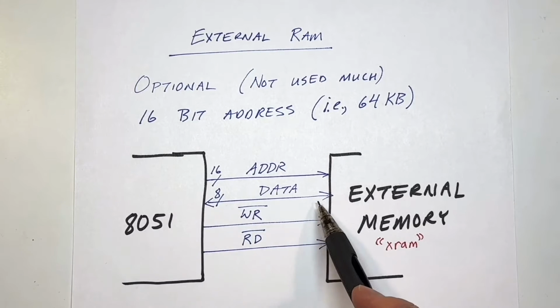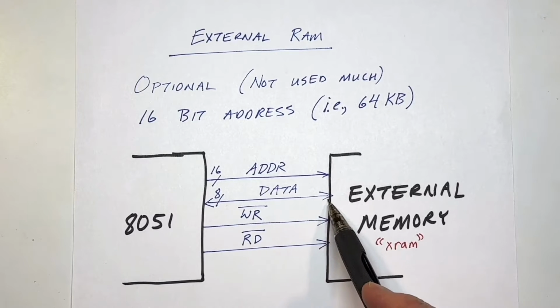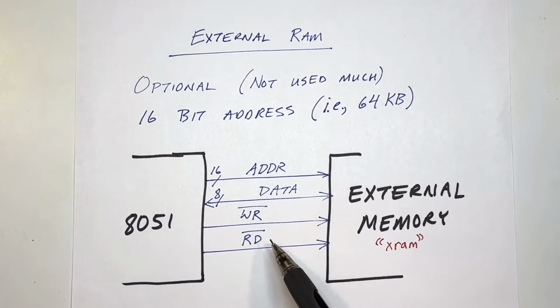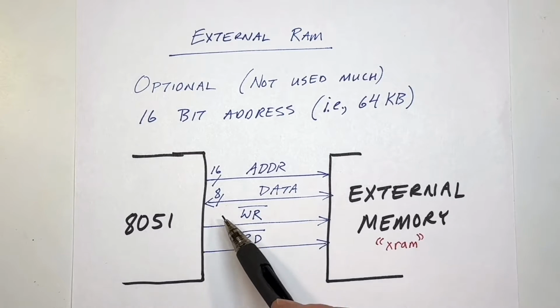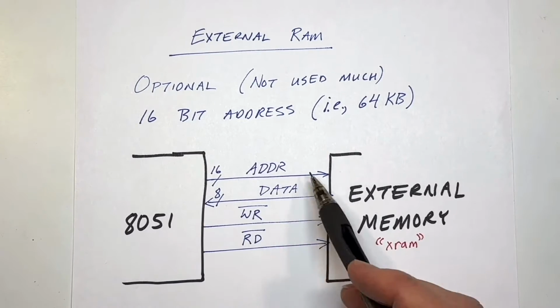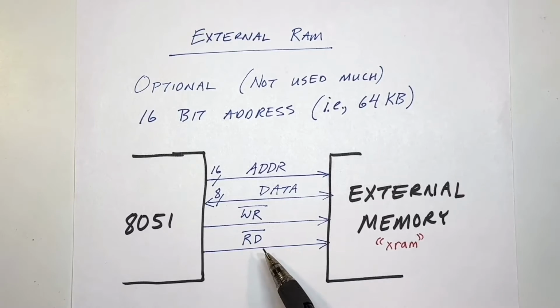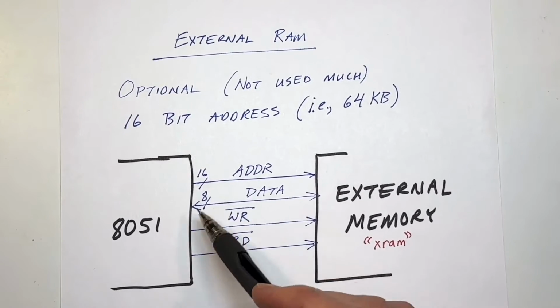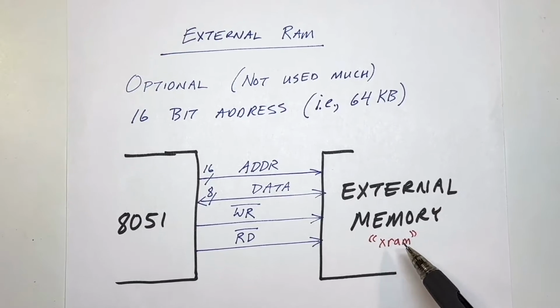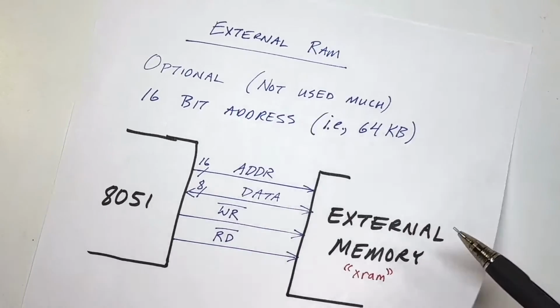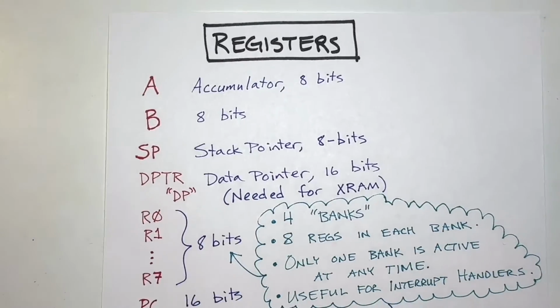And then there is a bidirectional bus of 8 bits, as well as some control signals like the write and read signals. So if the external memory is present, then you would use these connections to access it. There are not a lot of instructions that address external memory, so it is rather limited, but you can store data there. Next, let's take a look at the registers.